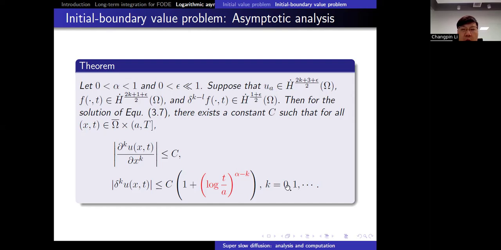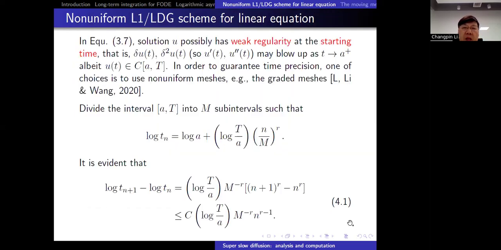If alpha is bigger than or equal to 1, then this term approaches infinity. So this is the initial asymptotics for the solution. So we pay attention to this case.